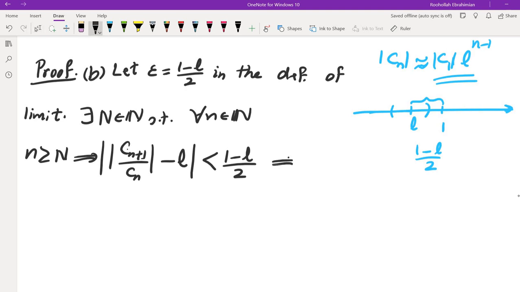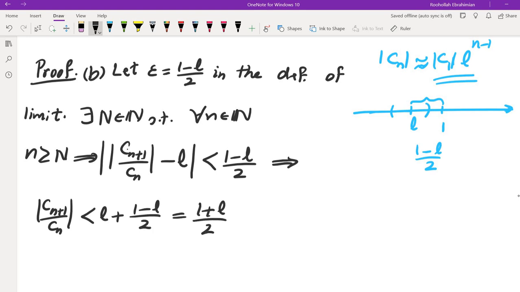Now let's see what happens. So this tells us the absolute value of Cn plus 1 over Cn is less than L plus (1 minus L) over 2, which is (1 plus L) over 2.